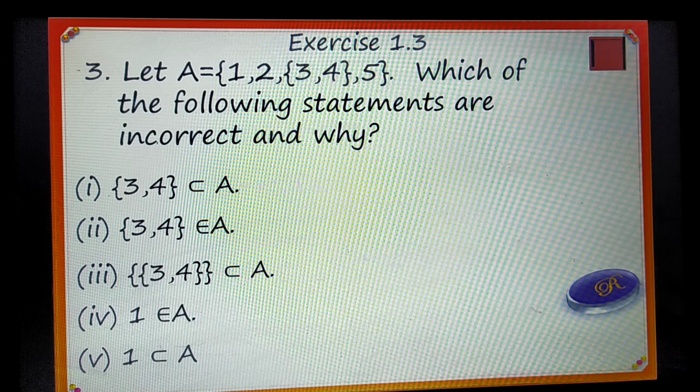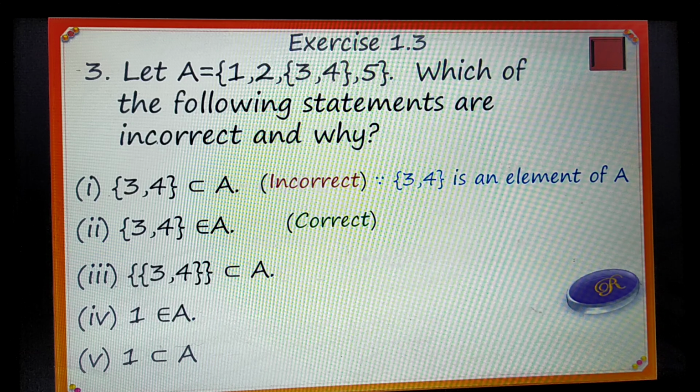Set with elements 3, 4 is a subset of A. Solution. Incorrect. Because set with elements 3, 4 is an element of set A. Statement 2. Set with elements 3, 4 belongs to A. Solution. Correct.